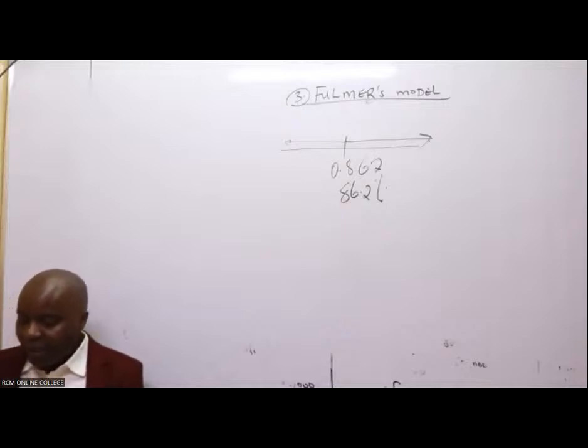Number 3, leverage ratios, like the debt to equity ratio. Then we have the activity ratios, like the efficiency ratios, stock turnover ratios. We have the market-based ratios. We have cash flow indicators, so cash flow ratios.